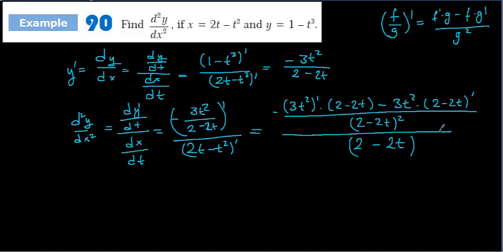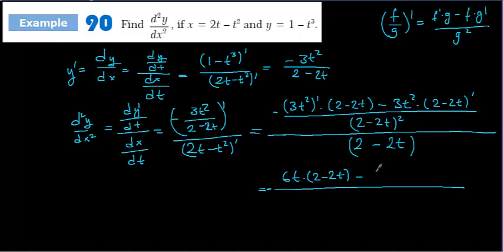Here the denominators are the same, one smaller and one bigger, and this denominator may come down. The minus sign should also be here. The derivative of 3t squared is 6t times (2 minus 2t), minus 3t squared times the derivative of (2 minus 2t), which is minus 2.